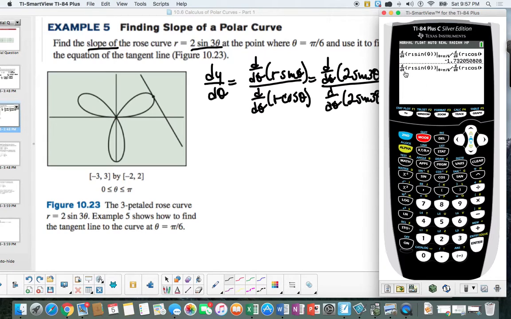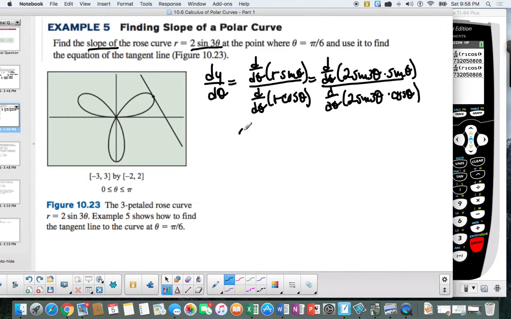You see I'm taking the derivative with respect to theta of r sub 1 sine of theta evaluated at pi thirds, and then I press the divide sign to do the denominator, r sub 1 cosine of theta evaluated at pi 6. Okay, and then when I enter, I get this value. This is approximately negative 1.732, or you might recognize it as negative root 3.